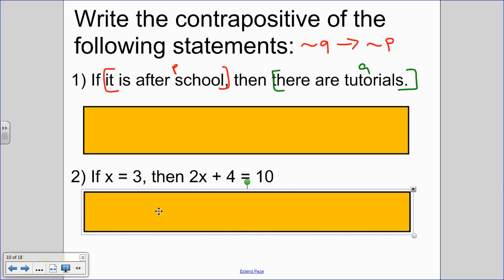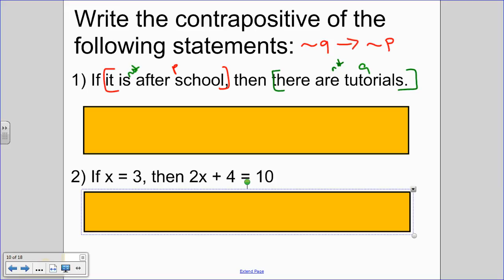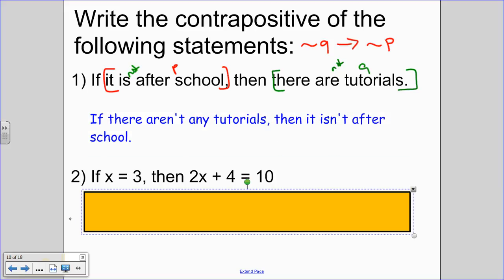So when you look at P and Q, we have to add not to the verb. So I need to put is not and are not. Not only do I add not, I have to switch the order where Q has to come first in the statement. So the contrapositive would read, if there aren't any tutorials, then it isn't after school. And there's other ways you could word it, but it's essentially saying the same thing.